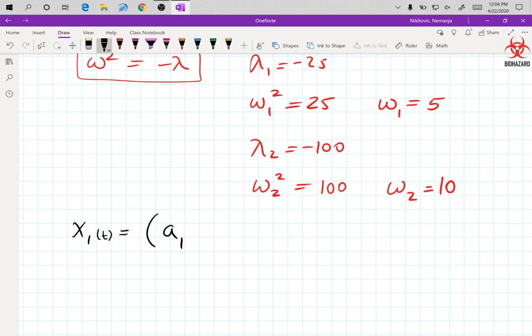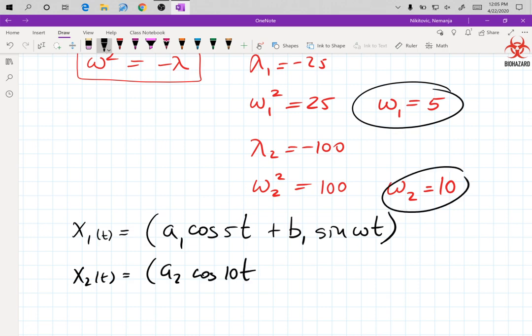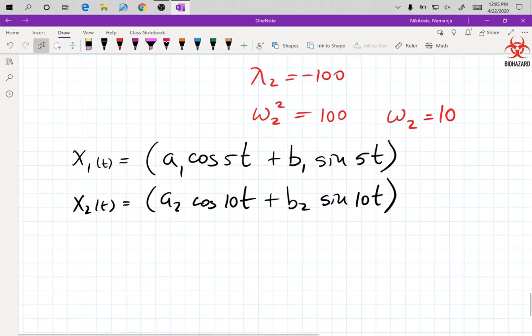So A1 cosine omega t plus B1 sine omega t, and x2 solution is A2 cosine 10t for the second one plus B2 sine 10t. Oh, this is a 5 sine 10t. There we go. Holy nightmare. It's a lot of mess. We're done. The problem is solved.